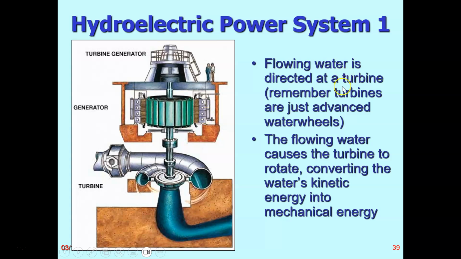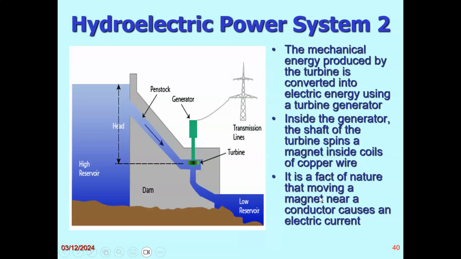So the flowing power of the water is directed to a turbine, and with the same principle as the wind turbine, the turbine converts the water's kinetic energy into mechanical energy.